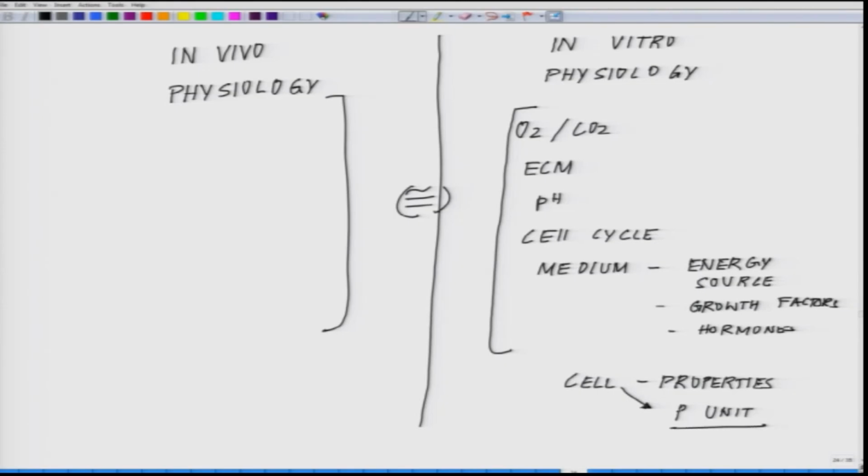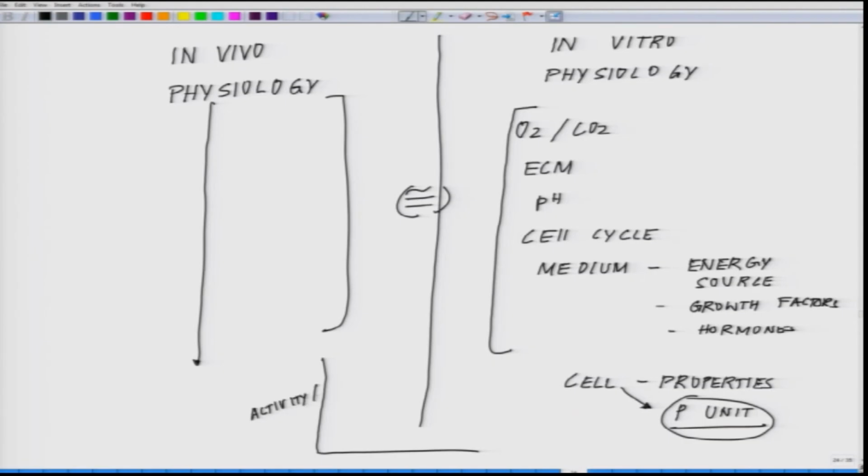Now, I have to compare it with the in vivo condition, how this cell is functioning and what is the quantification parameter of this particular property, or many properties as a matter of fact. And if under in vivo condition, say for example, I say activity on the y axis, the activity of a particular thing is somewhere here, how far am I in the in vitro condition, am I exceeding it, am I below it, am I the same.